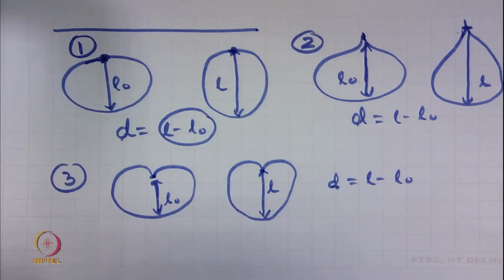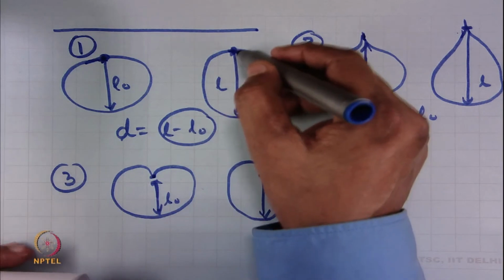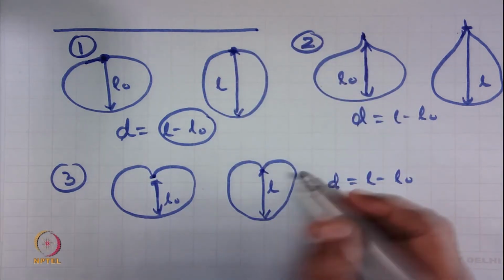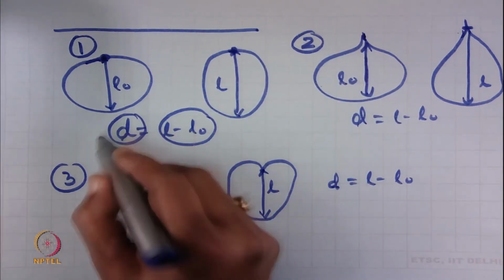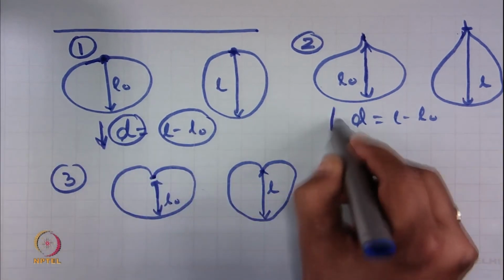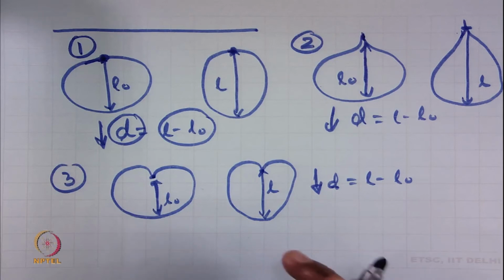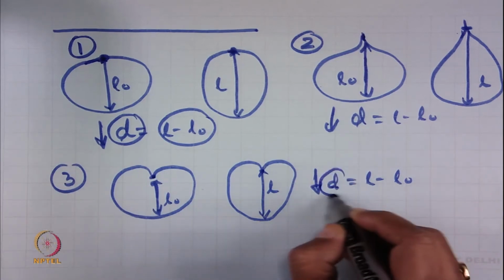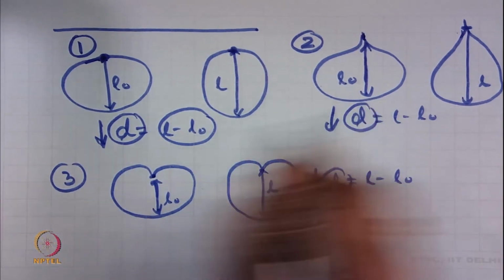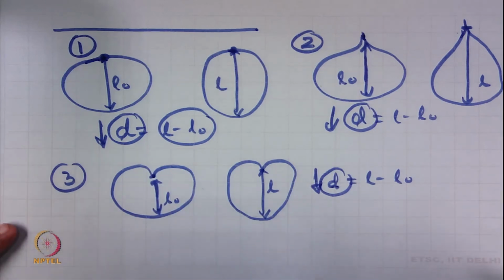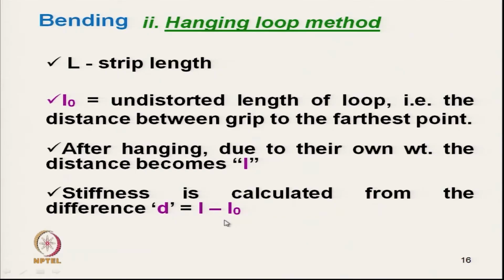Which means the stiffer the fabric, the deformation will be lesser. So, D will be lower. For stiffer fabric, the D value will be lower. So, depending on the D value, we can calculate the stiffness of the fabric. D is the difference between L and L0.